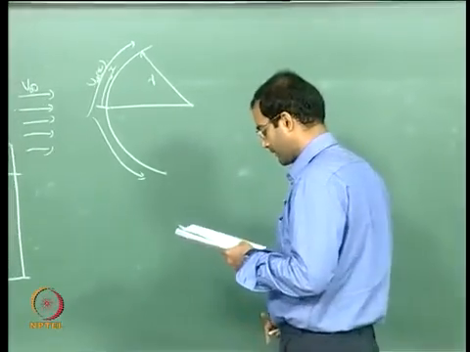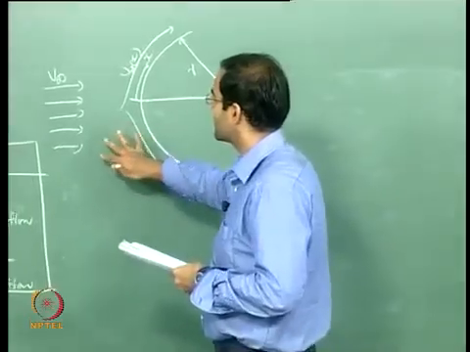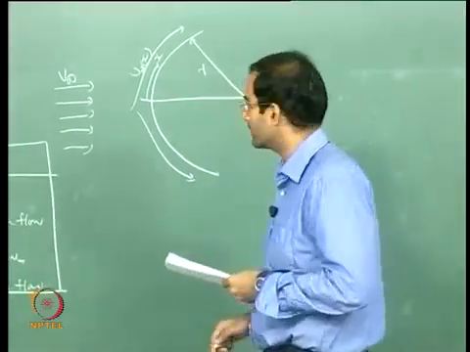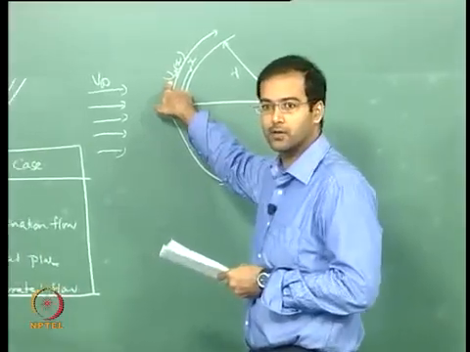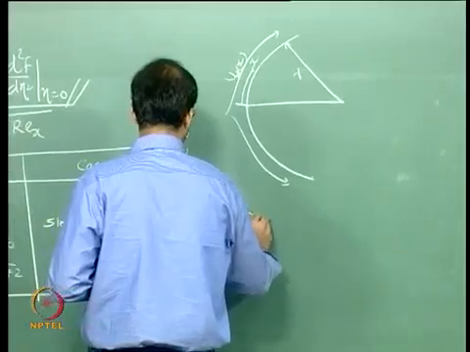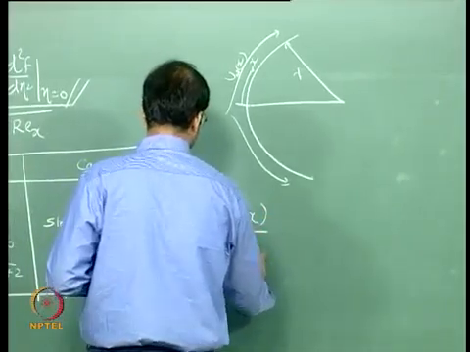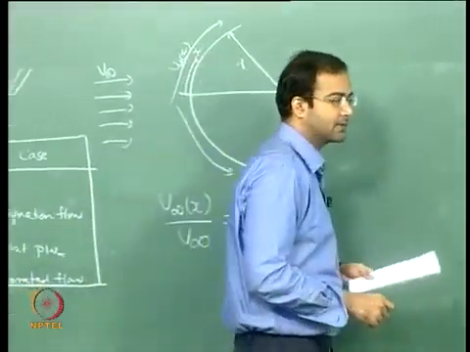So if you look at the case of flow past the circular cylinder, from the potential flow theory, you can calculate how the u infinity is varying locally. I think you must have studied this in your incompressible flow course. So u infinity by u, any guess how it varies?